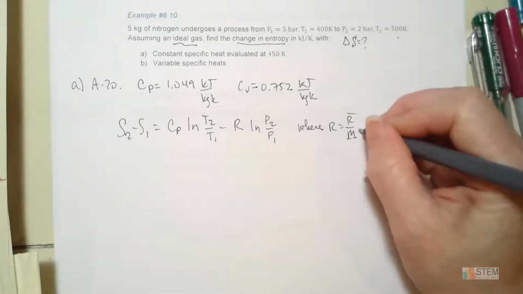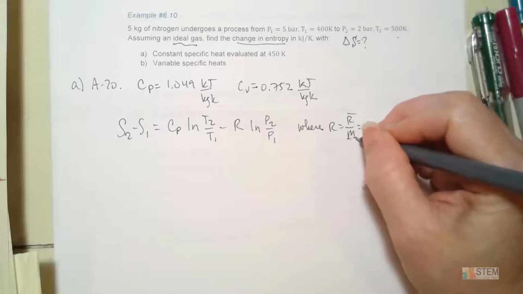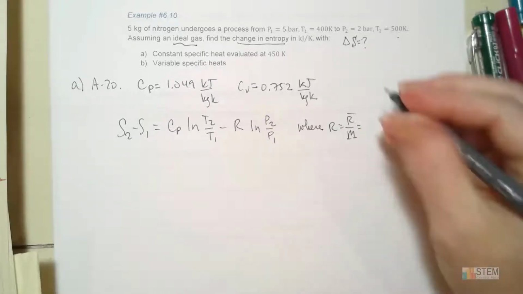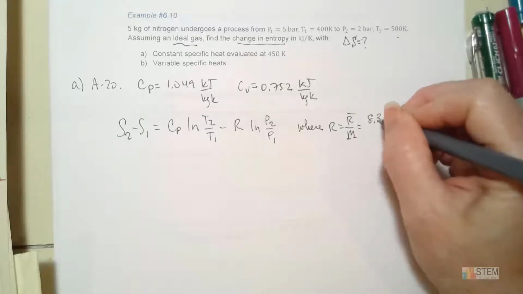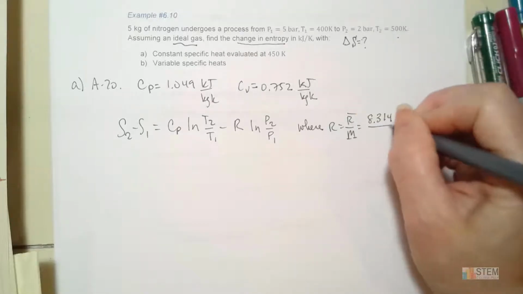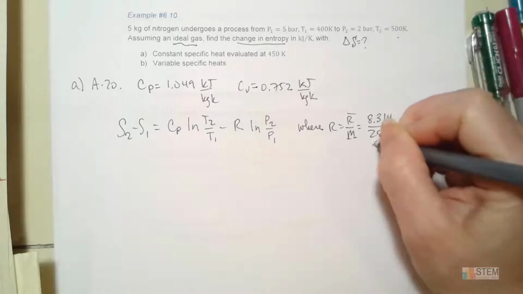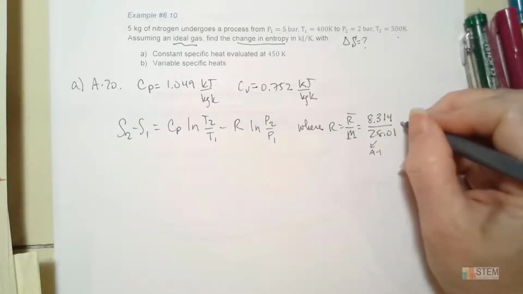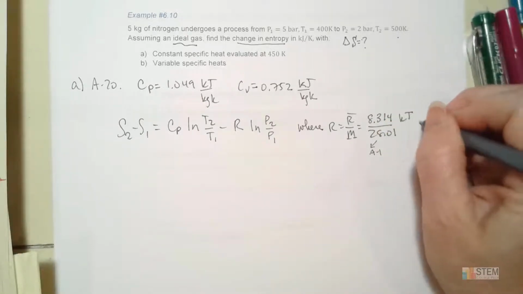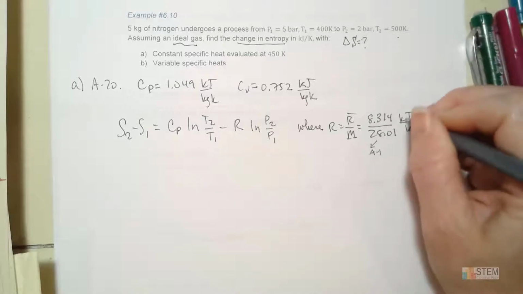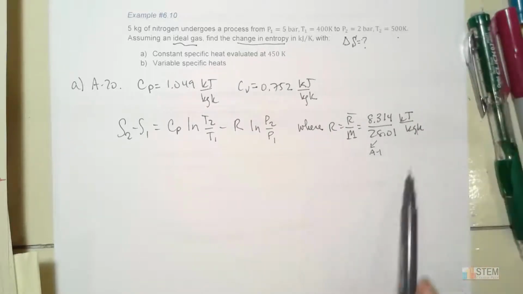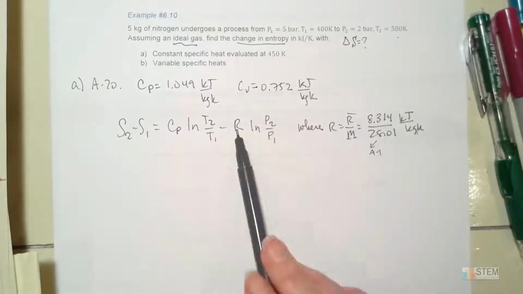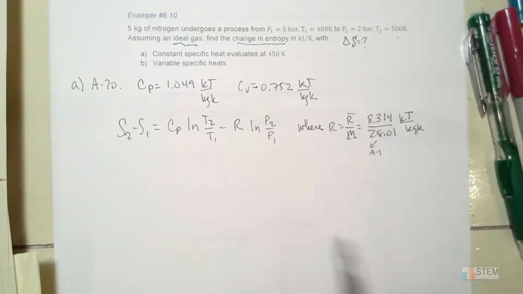If you look it up in table A1, your M value is 28.01, and the R bar value, remember, is 8.314. The units here will be kilojoules per kilogram Kelvin after they all cancel out. I didn't find this value, so we're just going to write that equation in over here.